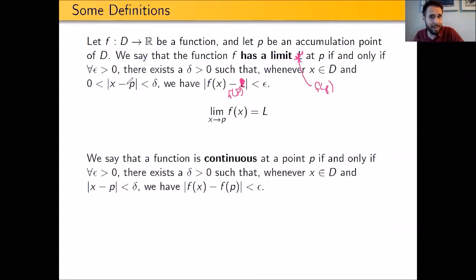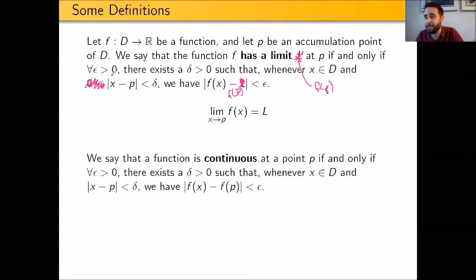And if my function is defined at f of p, we notice that this final piece will be satisfied always at p itself, right? So we can actually get rid of this piece right here. So all of that is to say that if our function is defined at p, and if f of p is actually the limit in question, then there really isn't a difference between these two definitions.